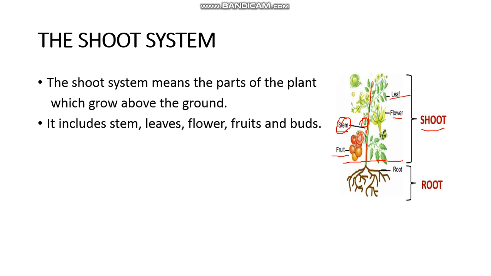The shoot system is the parts of the plant which grow above the ground.